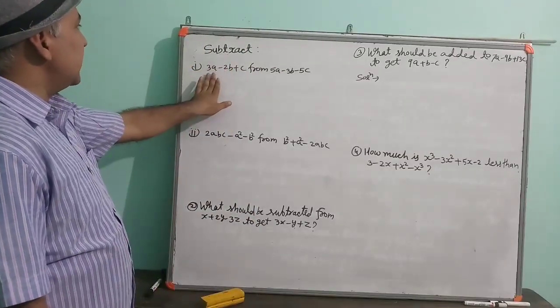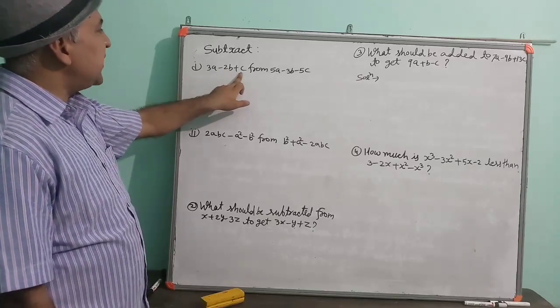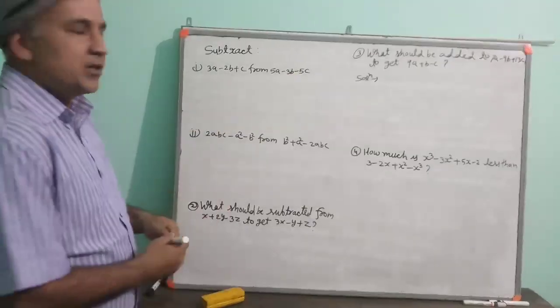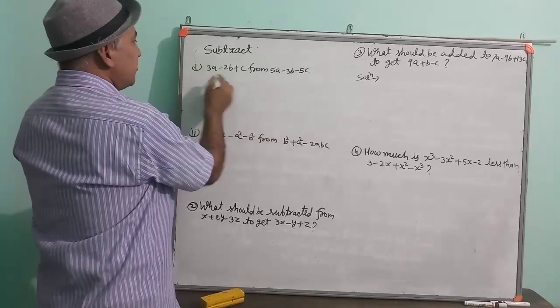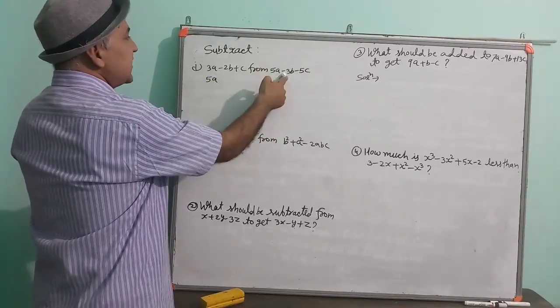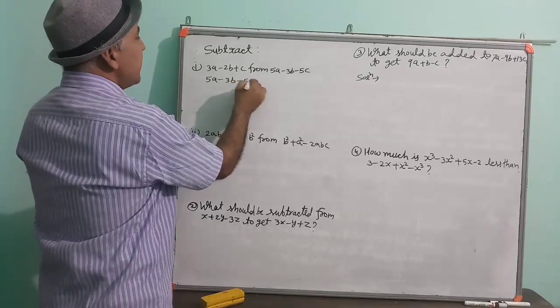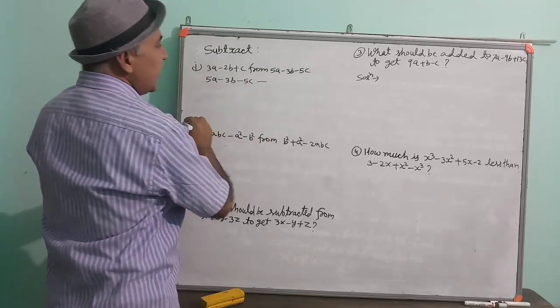Subtract. The first one is we have to subtract 3a minus 2b plus c from 5a minus 3b minus c. So how to write it? We have to subtract from this expression, so that expression will be written first: 5a minus 3b minus c. From this we have to subtract.